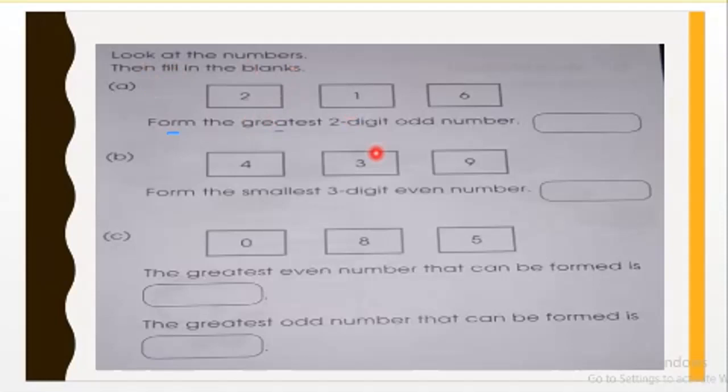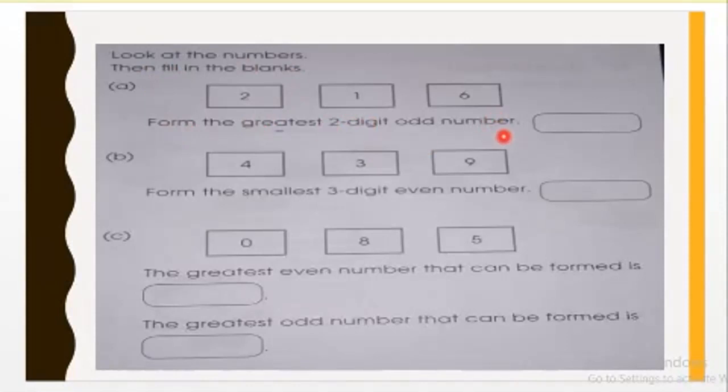Okay, this is very easy where they give you proper numbers. And the question is, read the question very carefully. That is to read the question: the greatest two-digit odd number.